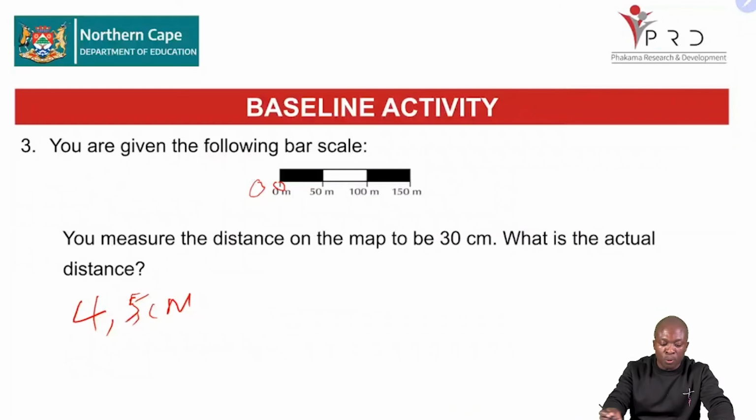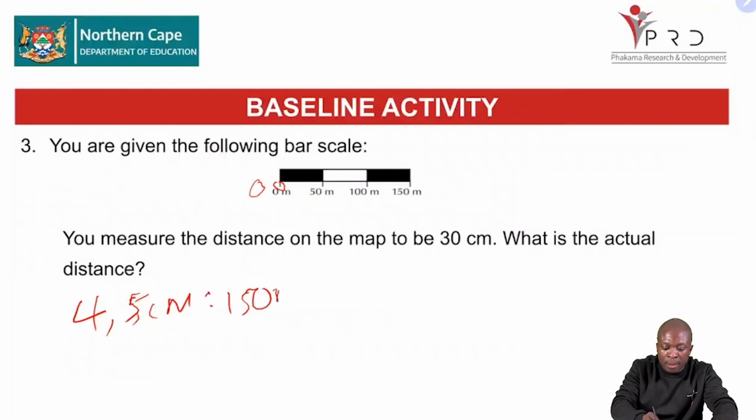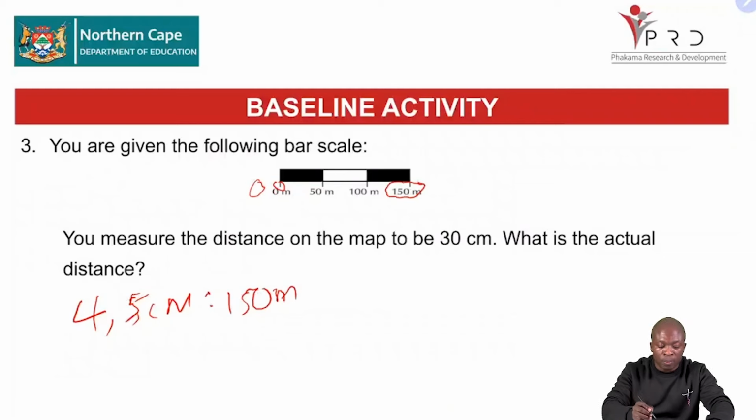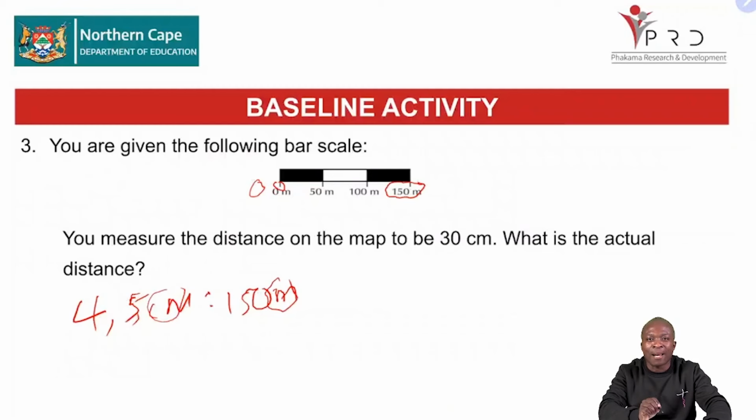So how do we use the information that we've gotten? What you then do is to say the 4.5 centimeters that you measured is being used to represent 150 meters. Where am I getting the 150 meters from? It's from the bar. You can see that the units of meters and centimeters are not the same.